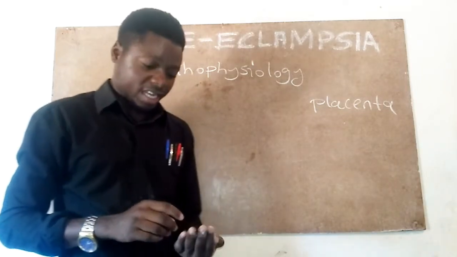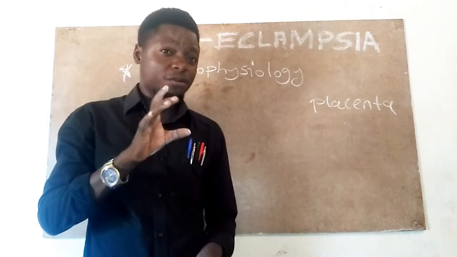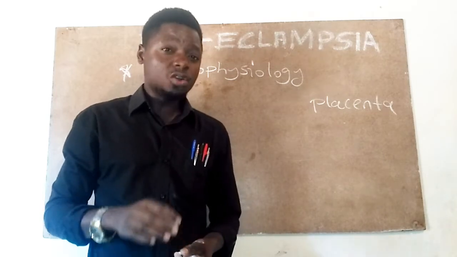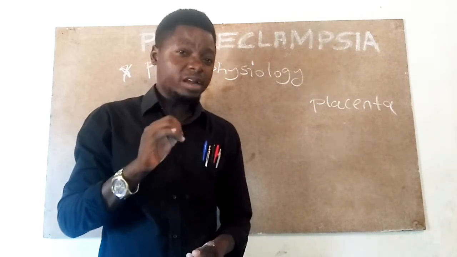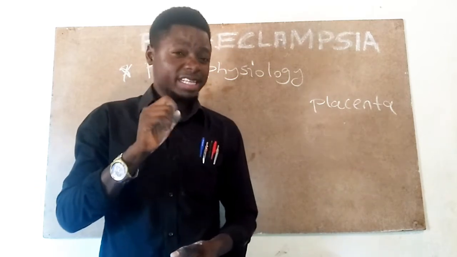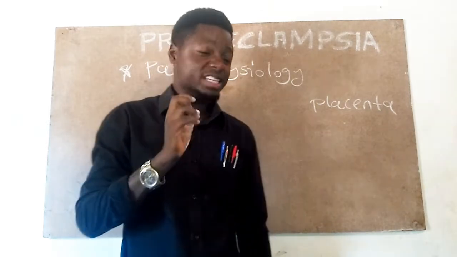Well, in a normal pregnancy, the trophoblastic invasion or infiltration of the spiral arteries needs to take place in order for them to gain access to the blood coming from the maternal surface. In order for us to understand this, we do this.